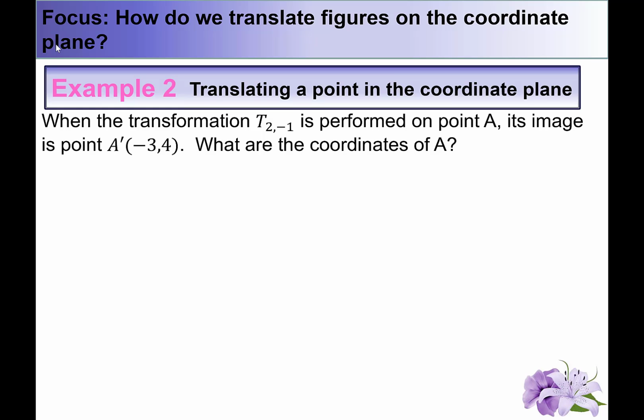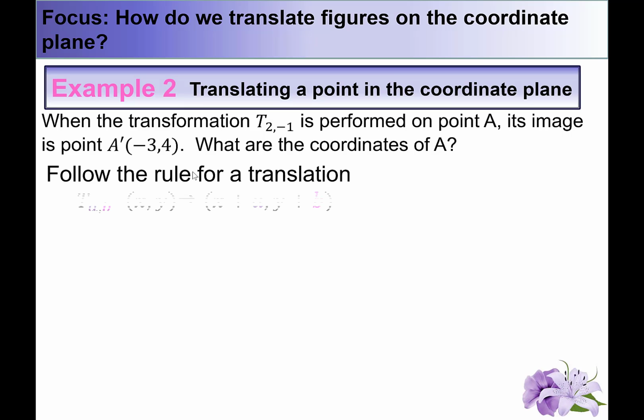In example 2, when the translation T 2, -1 is performed on point A, its image is point A prime, -3, 4. What are the coordinates of A? So this time, they're giving us the point after the transformation, and they want us to find the original image, or the pre-image.